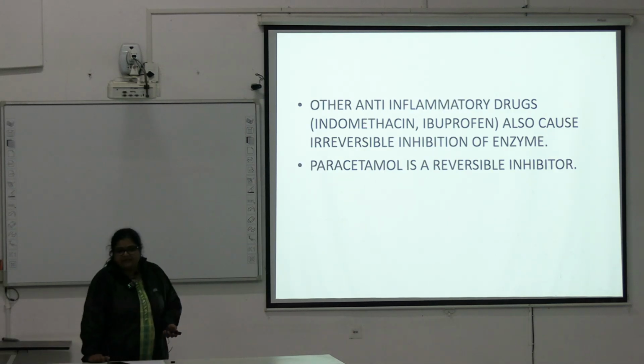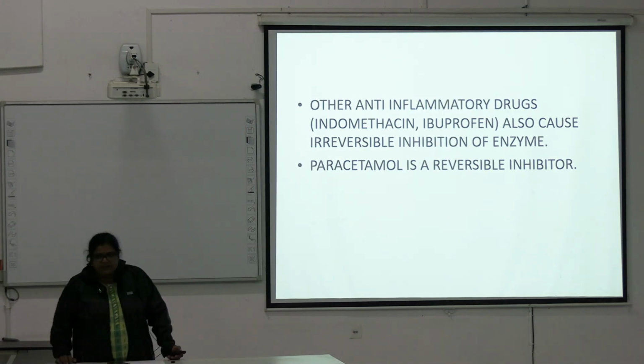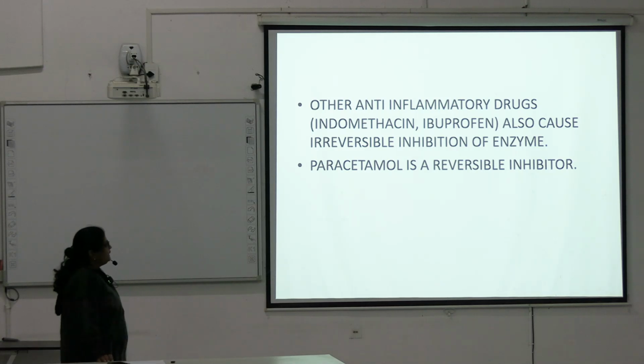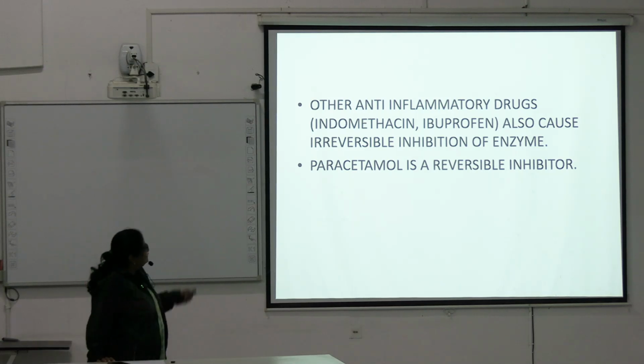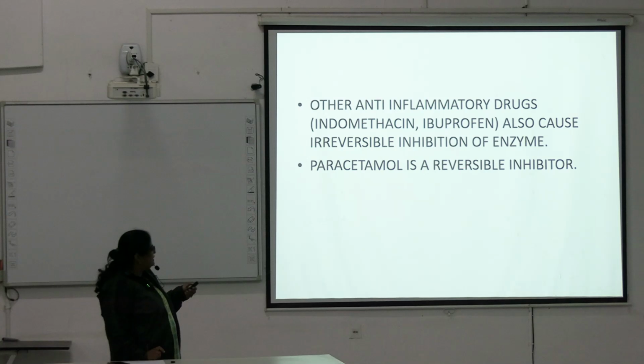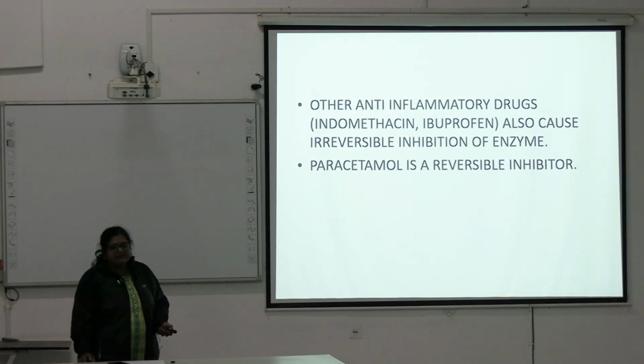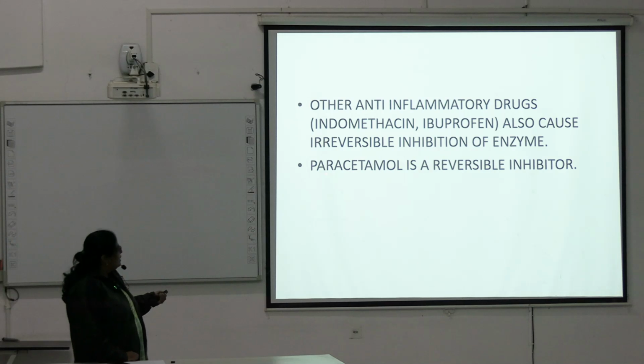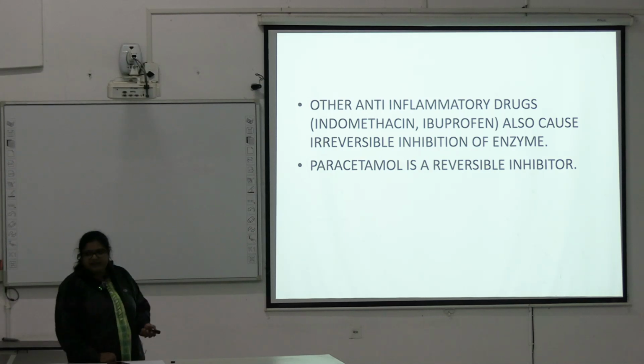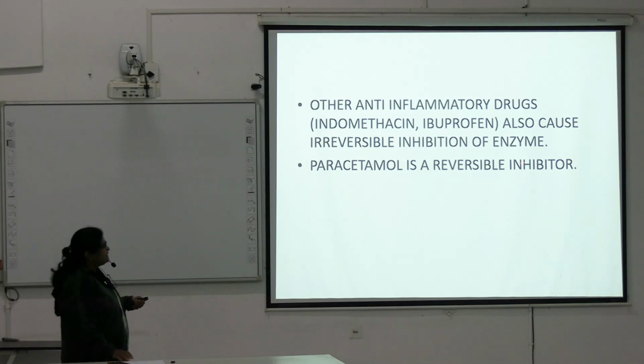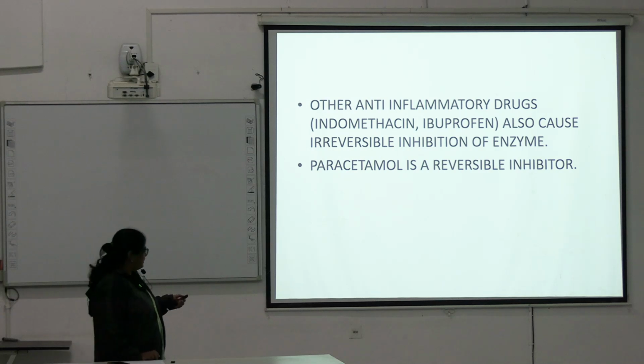Other anti-inflammatory drugs, what are those? Indomethacin, phenylbutazone, NSAIDs, ibuprofen. They also cause irreversible inhibition of this enzyme. Which enzyme? Cyclooxygenase. Okay. Paracetamol is a reversible inhibitor of the cyclooxygenase enzyme. Okay.